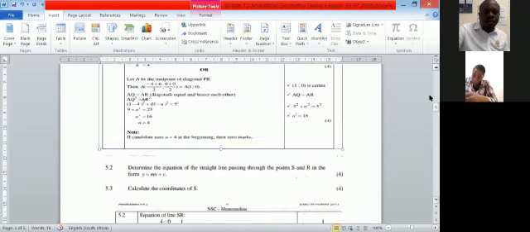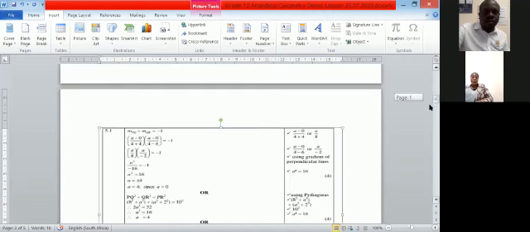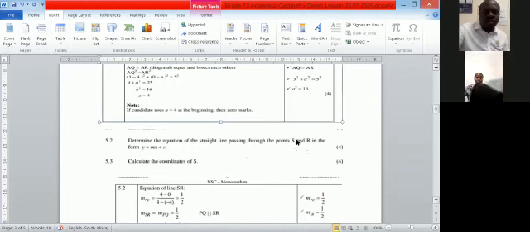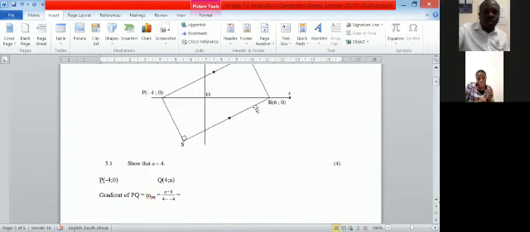Right, so we go back now. So the equation of a straight line passing through S and R. I'm going back to the diagram to see where S and R are. Okay, so S and R, you see this line? SR is parallel to PQ, to the line that we calculated before.